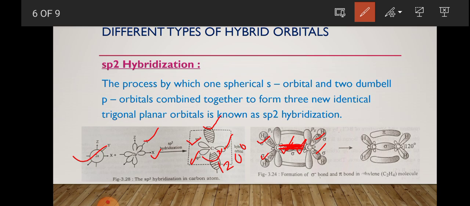The rest two sp2 orbitals of each carbon overlap head to head with one s orbital of hydrogen. Here this one and this one, these two sp2 orbitals of the first carbon form sigma bonds with two hydrogen atoms.